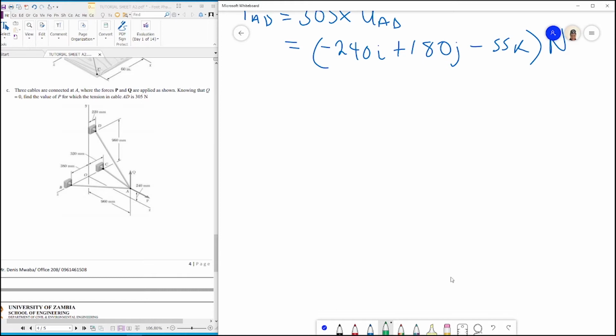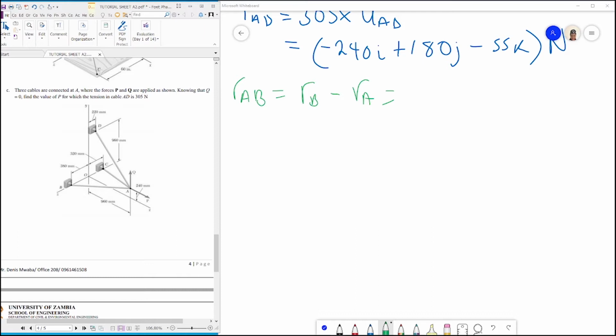Okay, so I now need the position vector RAB, which is equal to RB minus RA. From what I had before, my RB was just 380K, and that's all it was.